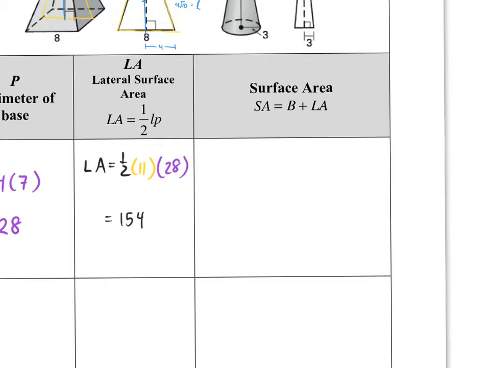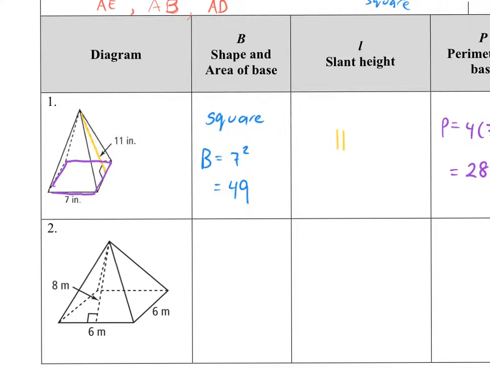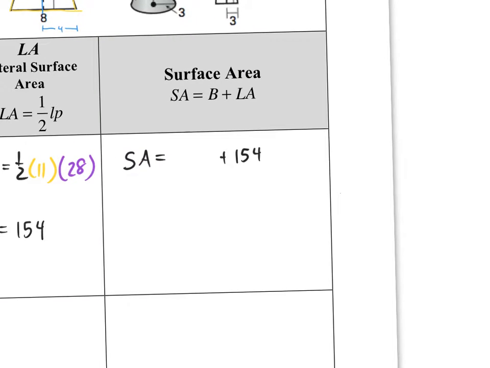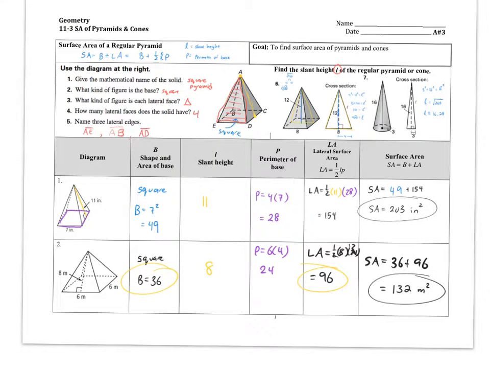So now, lastly, the surface area is going to be B, which we already calculated. There's only one base in this diagram, and that would be 49. And we're going to add it to the 154. So the surface area is going to be 203 square inches. So check your answer here, 132 meters squared for this pyramid here.